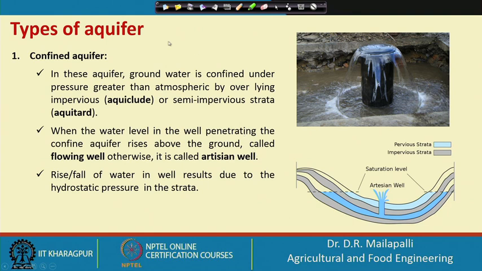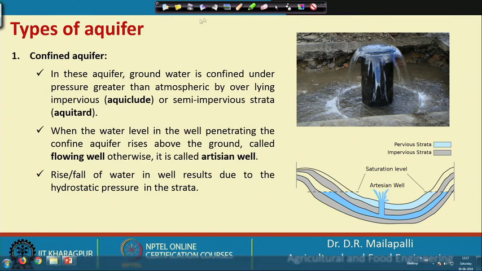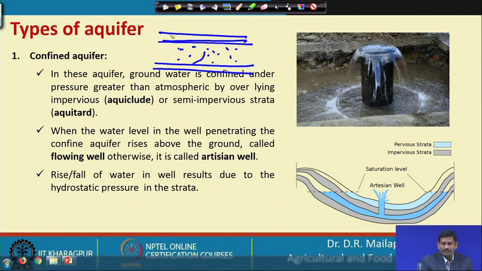The next is the confined aquifer. Now we are talking about aquifers, which can absorb and transmit water. If you see this picture, this is the soil layer or reservoir which is present in between 2 confining layers.